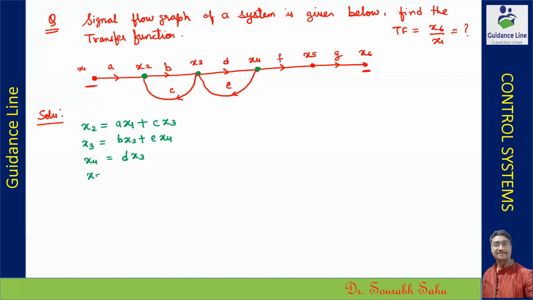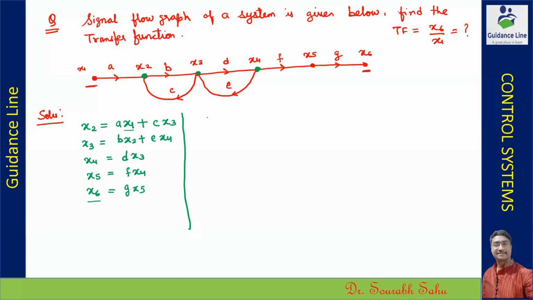Then we have x5, which is f times x4, and then x6, which is g times x5. So we have this set of equations, and from these equations I have to calculate the ratio of x6 by x1.